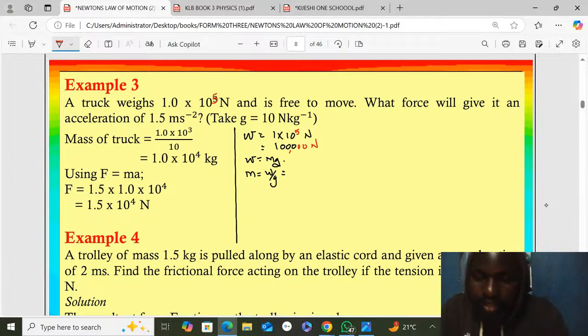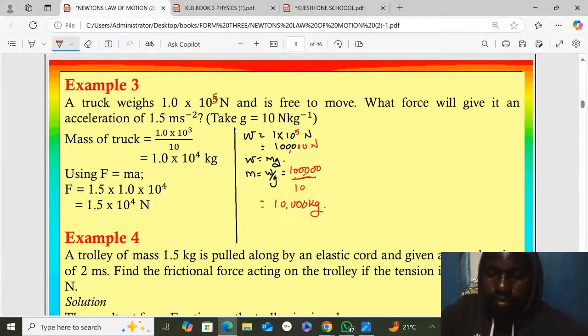So now we can continue. So this becomes 100,000 divided by 10 newtons per kg, and you're going to arrive at a mass of 10,000 kg, like that.